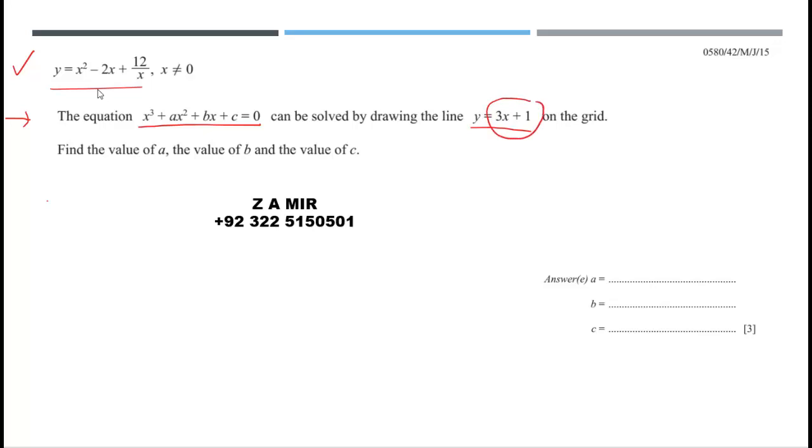So what I will do, it means that we have to find the solution of these two, because these two graphs are plotted on the same graph paper. So the solution of these two will be the point of intersection, where they cut each other. And it is the x coordinate of the point of intersection.